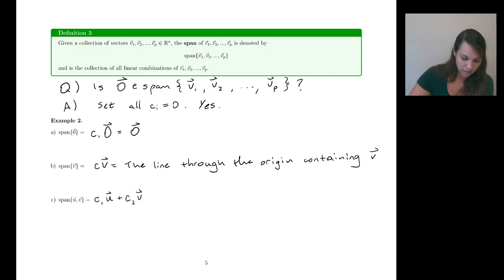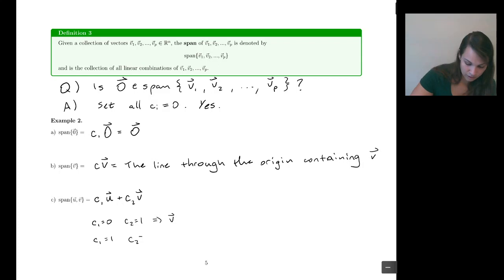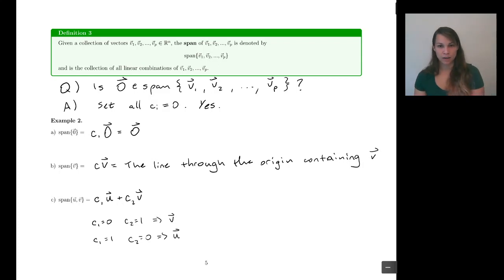So if C1 is 0 and C2 is 1, then we're going to get just V. If we have C1 is 1 and C2 is 0, then we're going to get just U. And so those are going to be in the span. You're always going to get that just themselves is going to be in the span. But like what else? How do we summarize all this information?